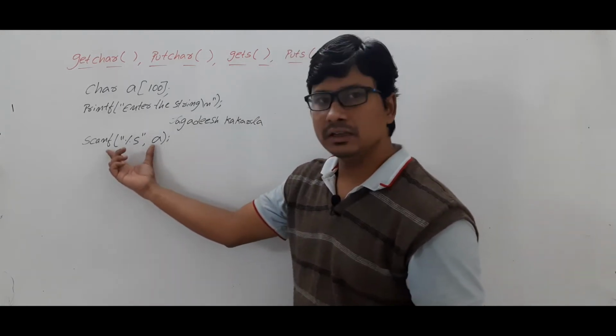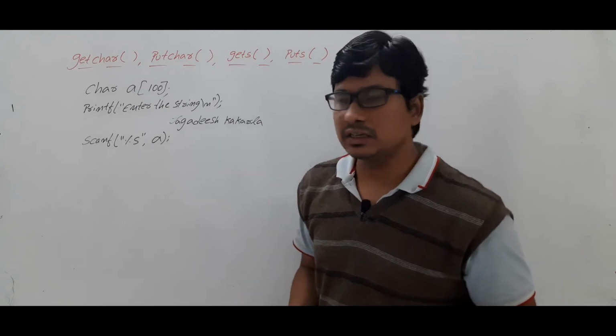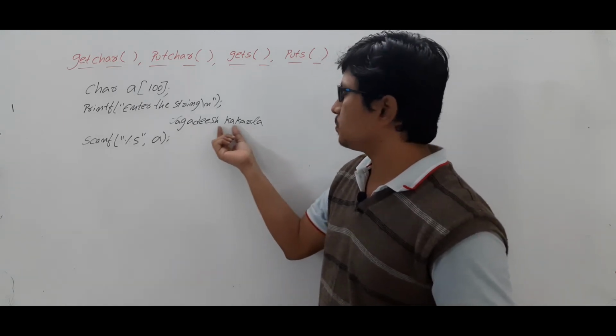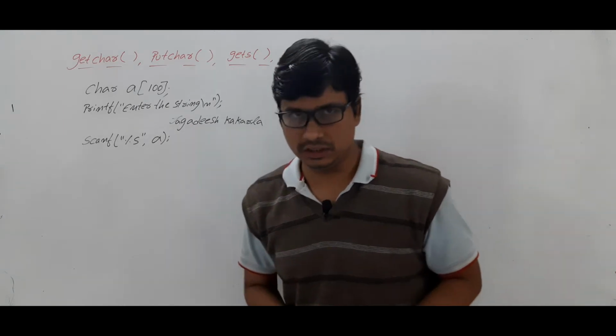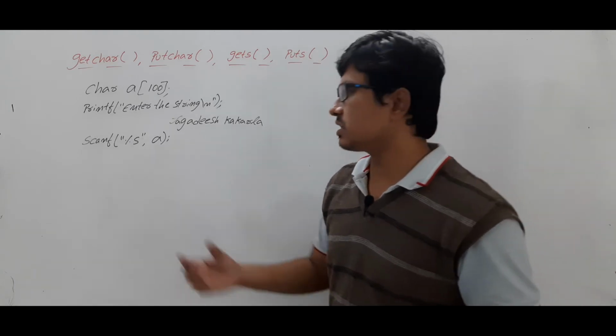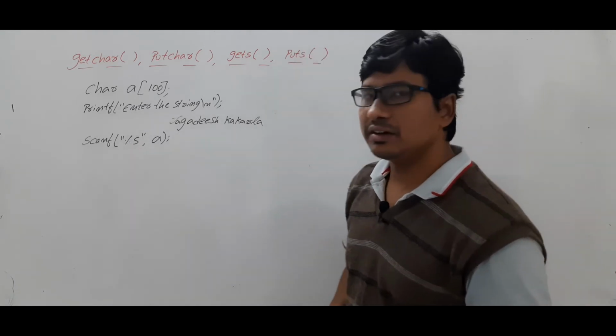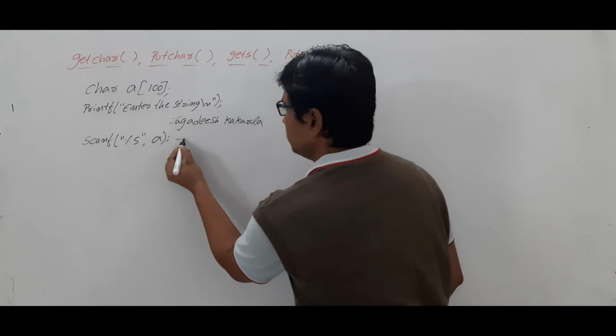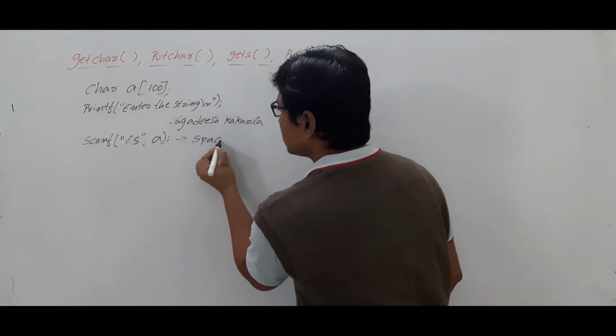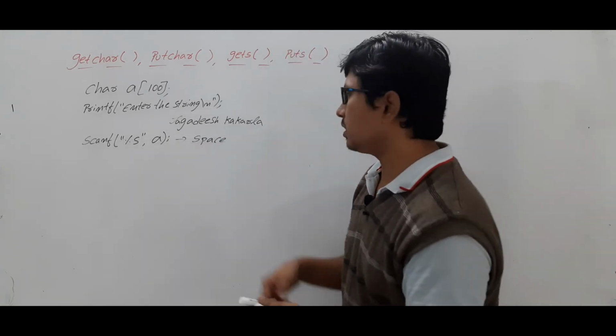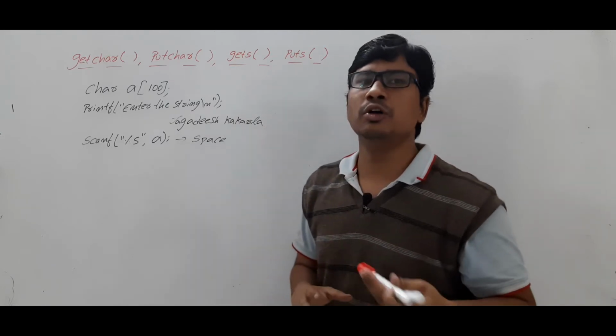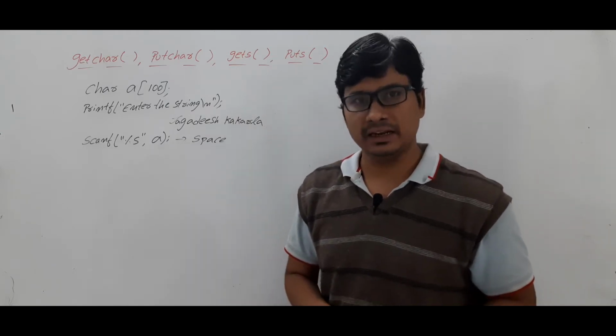Now it will read the string, but the question is whether it will read Jagadish space Kakarla or not. The problem with scanf is that for scanf the terminator is the space. Whenever a space occurs, after that, whatever characters are there, it will stop reading and storing them in the array.